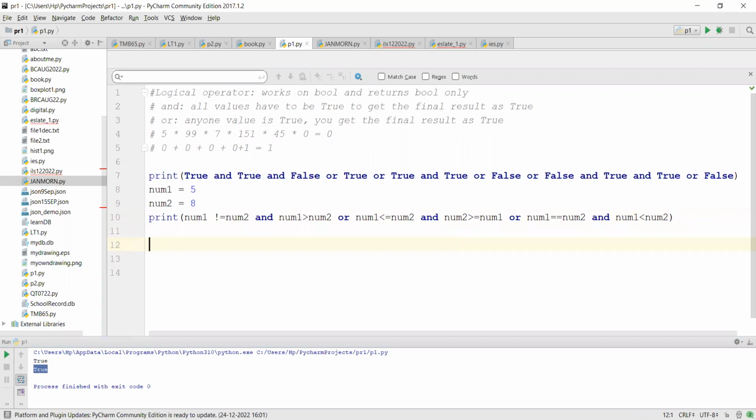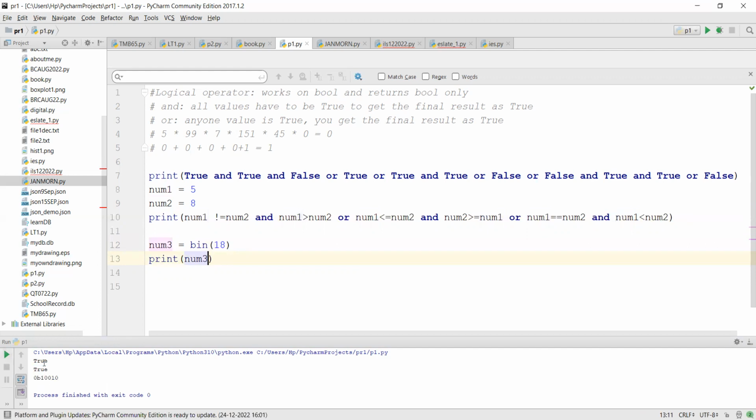So what does bin do? Bin of, let's say, 18. Let's say I give num3, a different variable.